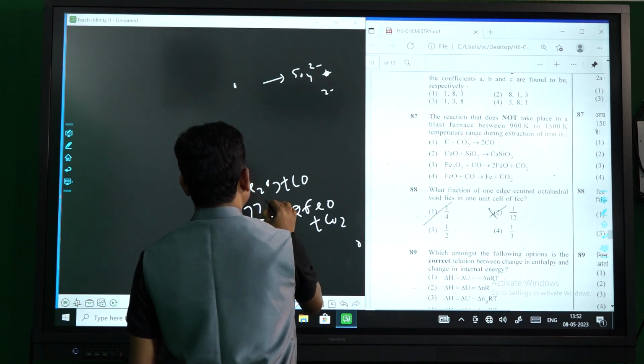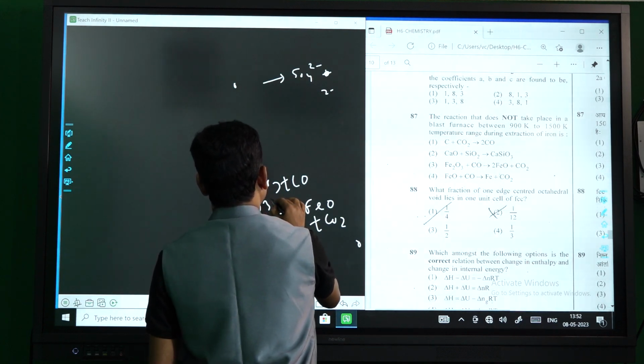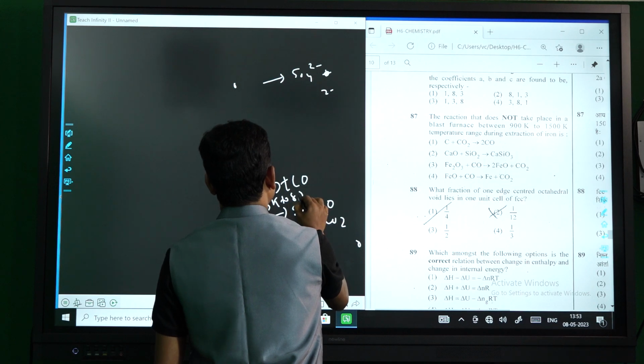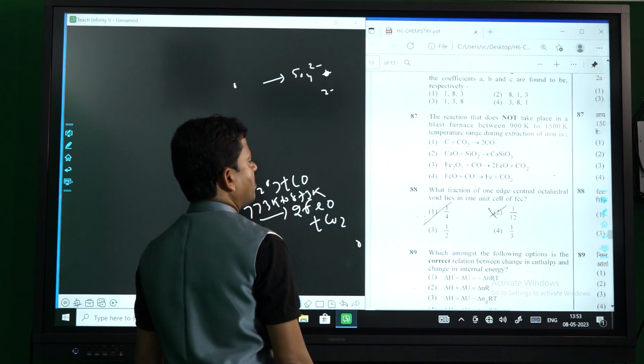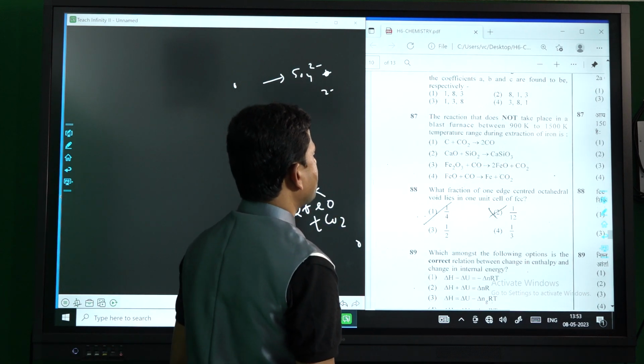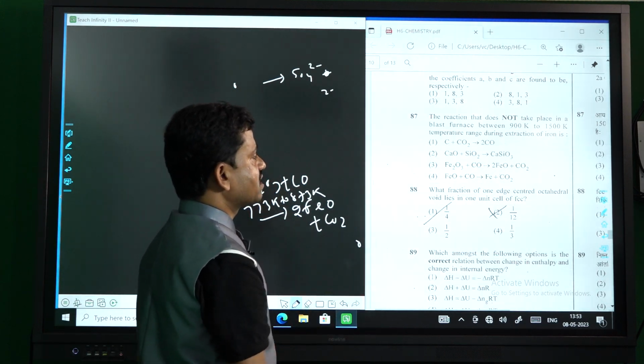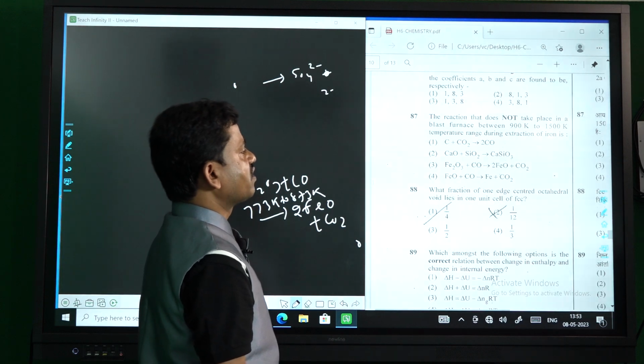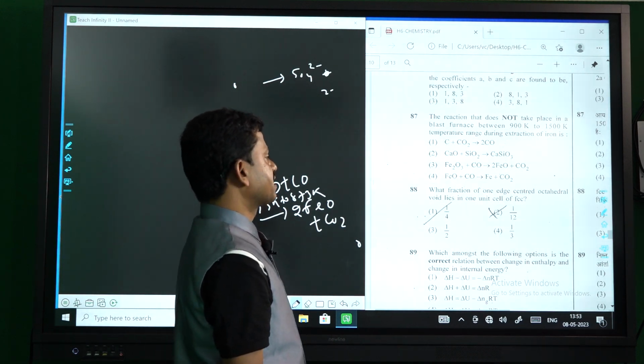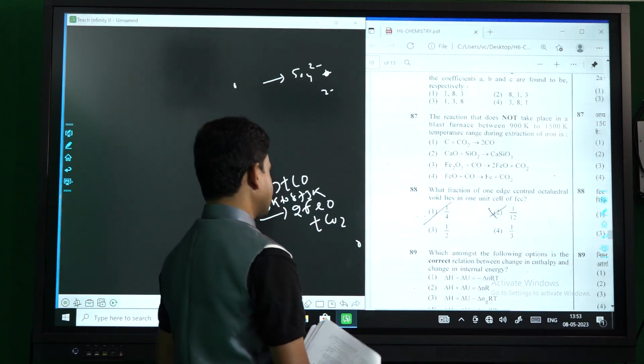That reaction takes place at 773 Kelvin to 873 Kelvin. So in my opinion, option 3 is the one that does not take place, and the other reactions can take place in the range between 900 Kelvin to 1500 Kelvin. So option 3 is correct.